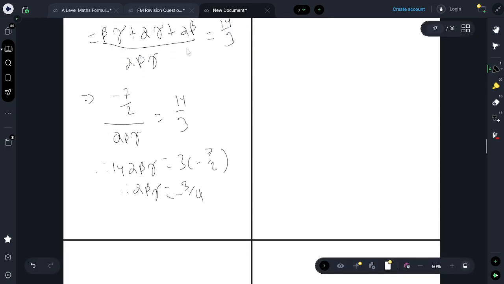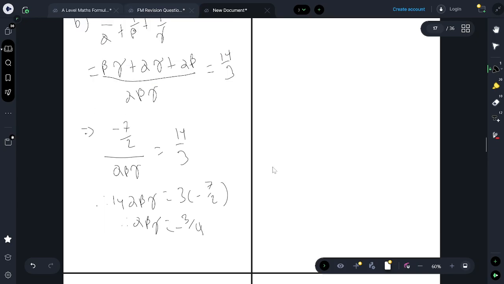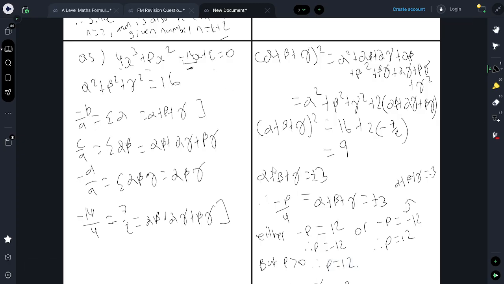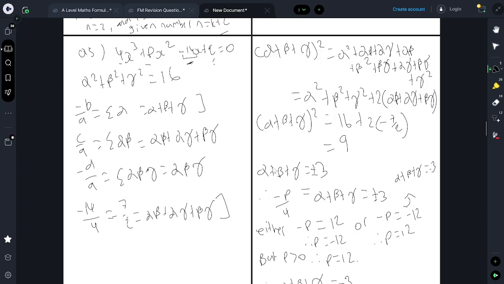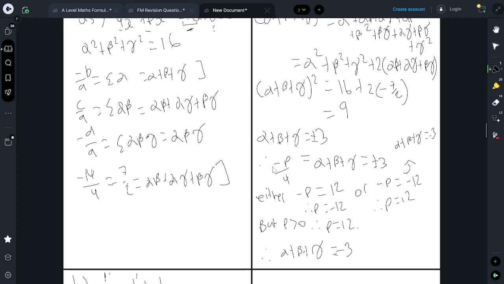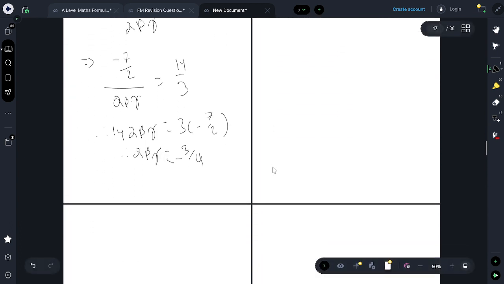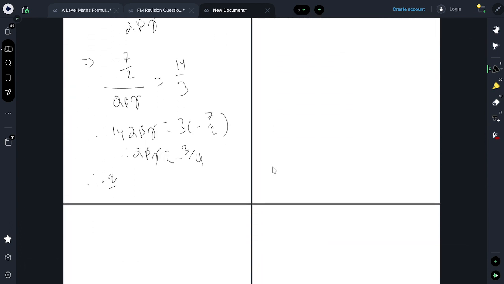So let's have a look at our polynomial here. The product alpha beta gamma has to be minus d over a. Well, d is q, the constant, right? So therefore minus q over 4, which is a. So minus q over 4 has to be equal to minus 3 over 4.